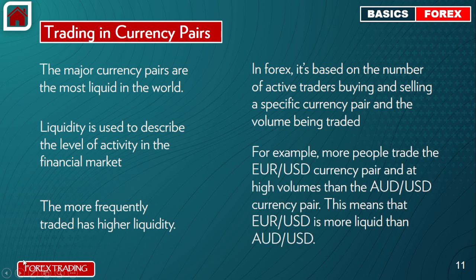For example, more people trade the Euro USD pair, and at higher volumes, than the Australian dollar slash USD pair. This means Euro USD is more liquid than Australian dollar and US dollar. So the more people trade a particular currency, the more liquidity that currency has.